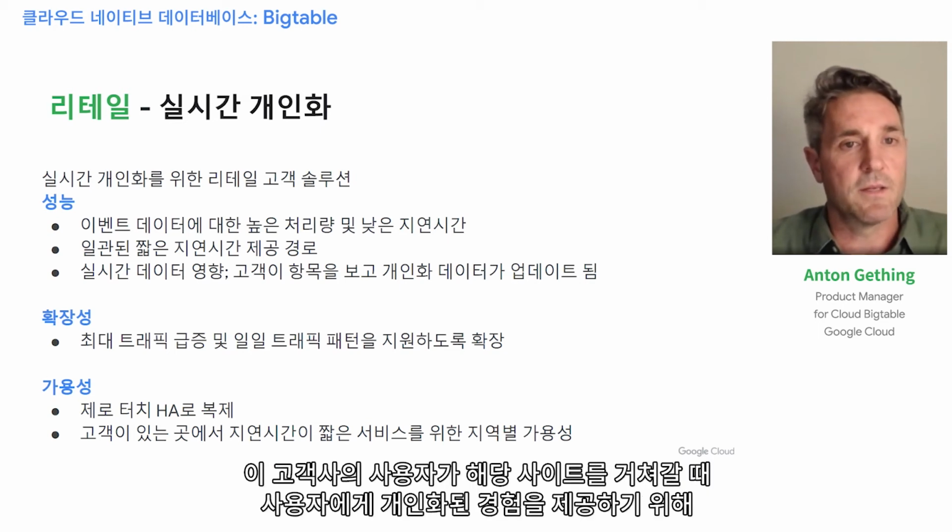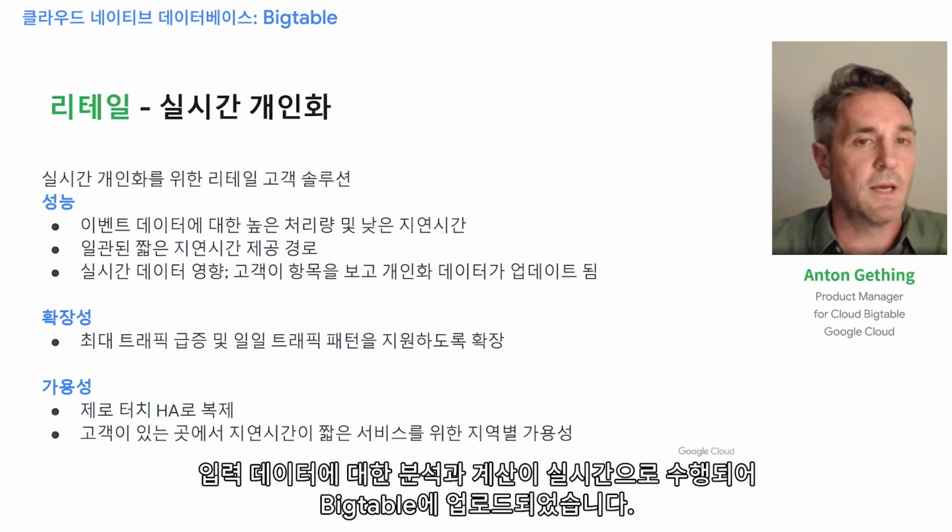Analysis and calculation on the data coming in is conducted real time and uploaded into Bigtable in order to provide a personalized experience for this customer's users as they move through the site.